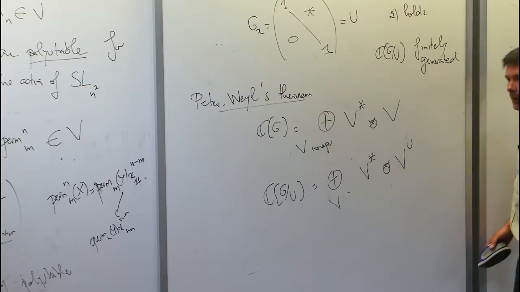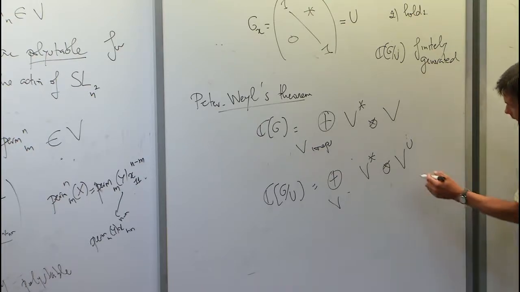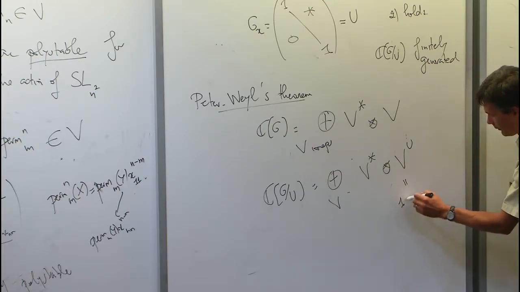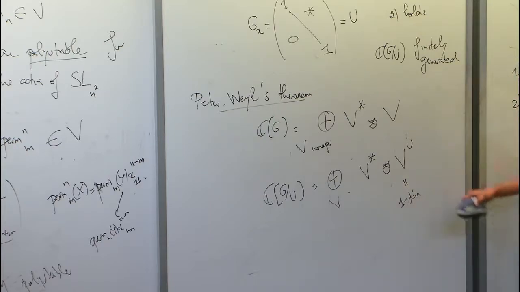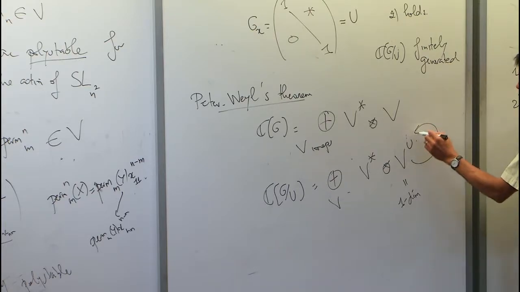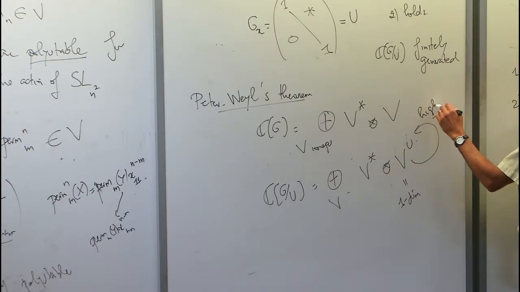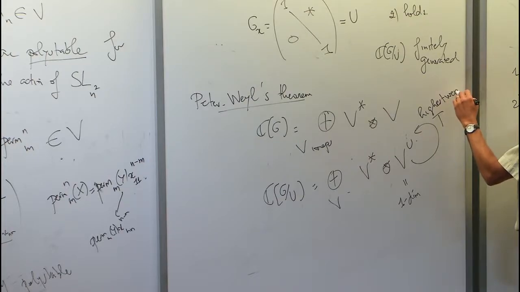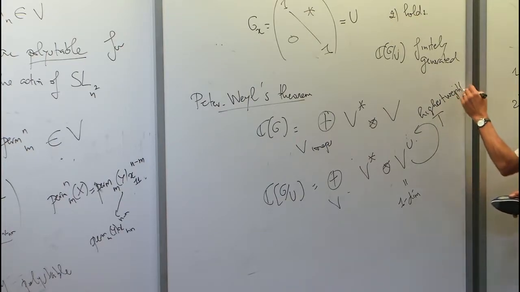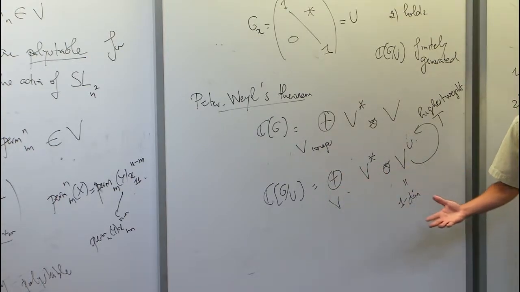Sorry, I'm out of time, so I'm being a little too quick here, but this is just one-dimensional. For those who know a bit about representation theory, this is just one-dimensional, and there is an action of T, which is given by the highest weight of the representation, aligned with an action of C star. This algebra is essentially the sum of all the irreducible representations. So we know this is finitely generated.